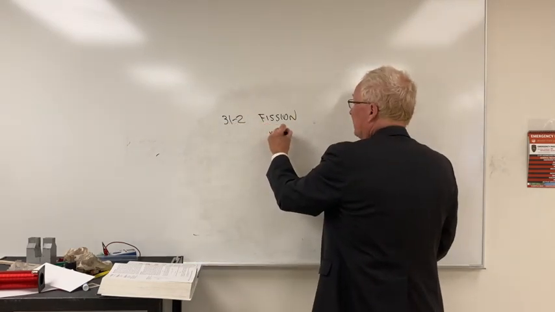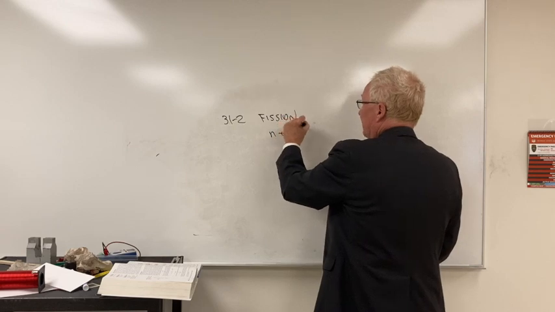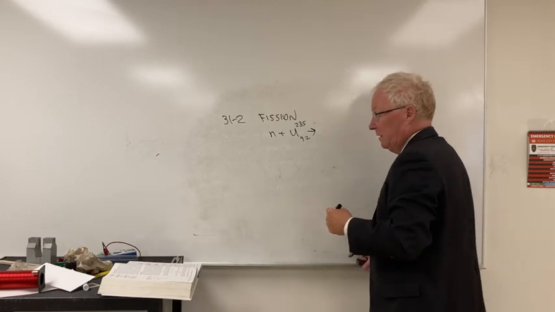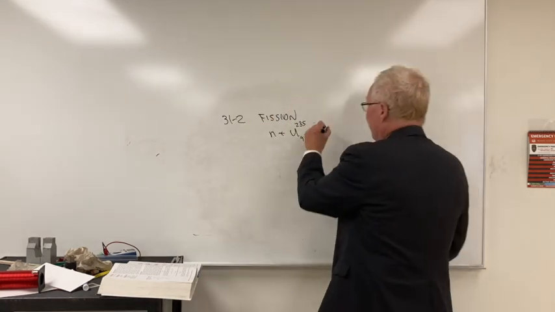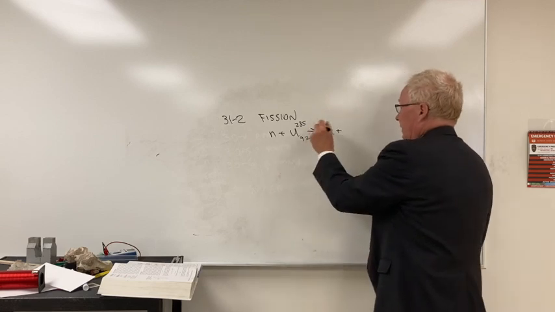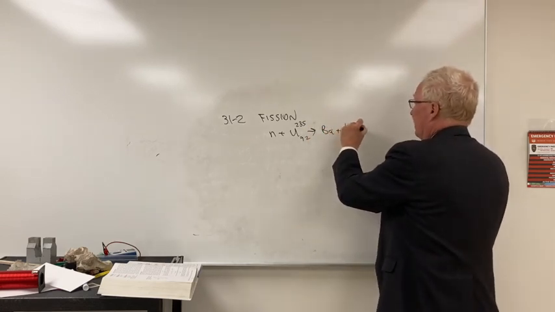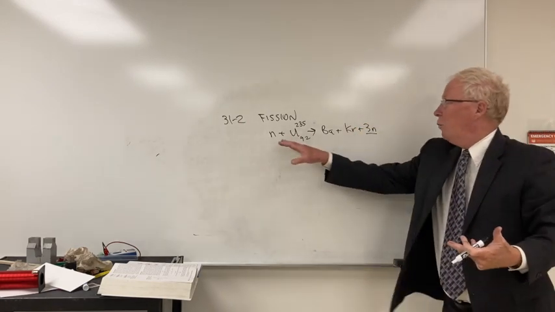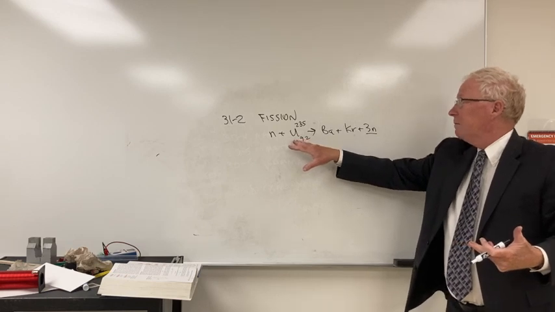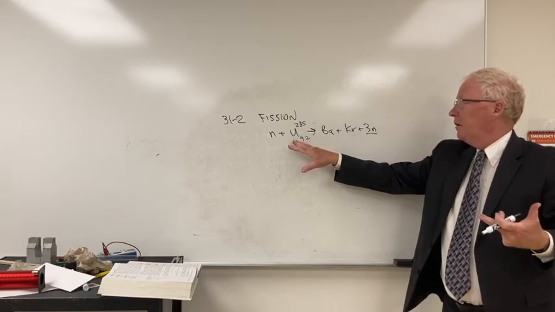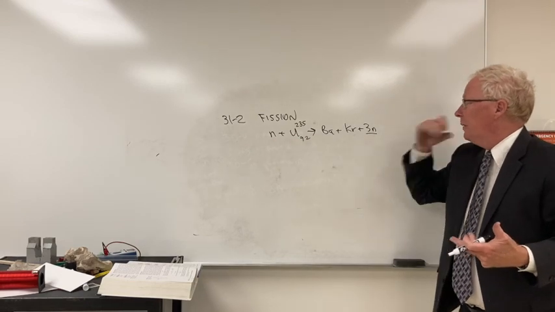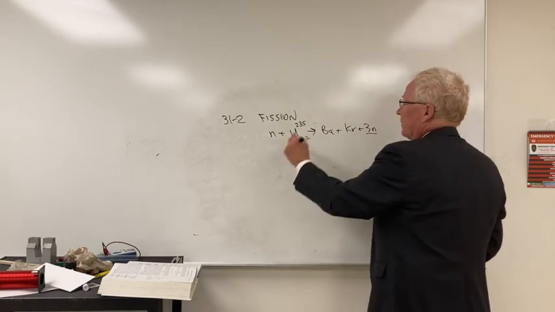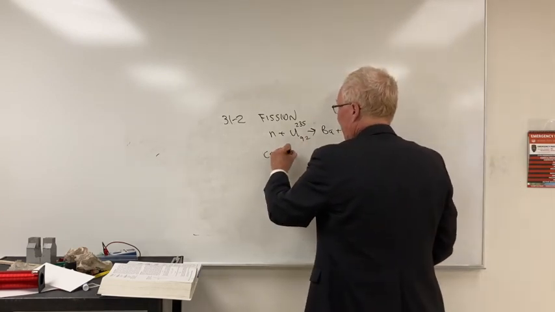Again, 1 neutron plus uranium-235, instead of decaying, it emits barium, and I'm not going to get into details of that, krypton plus 3 neutrons. So this ends up a multiplier. You get one atom of uranium with 1 neutron, it breaks down, emits 3. So multiplier effect, so this ends up with a fission reaction as long as you have a critical mass.